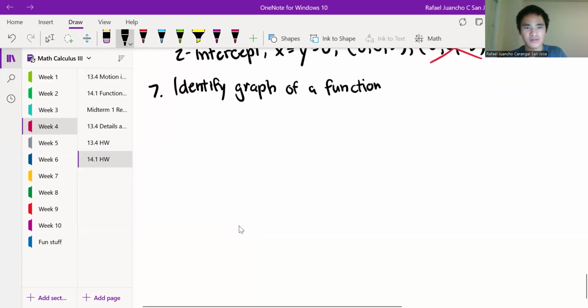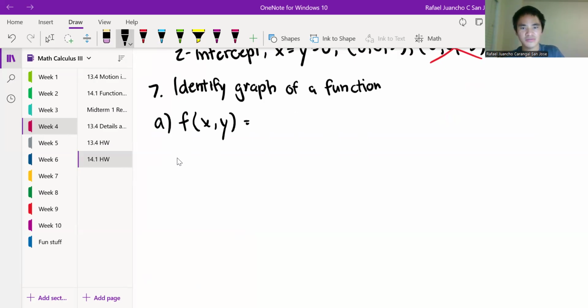Well, letter A, I have my function f of x, y, which is 1 over 1 plus x squared plus y squared, right? So here, how do I find a graph? Well, we have three things that we did. One of them was finding its domain.